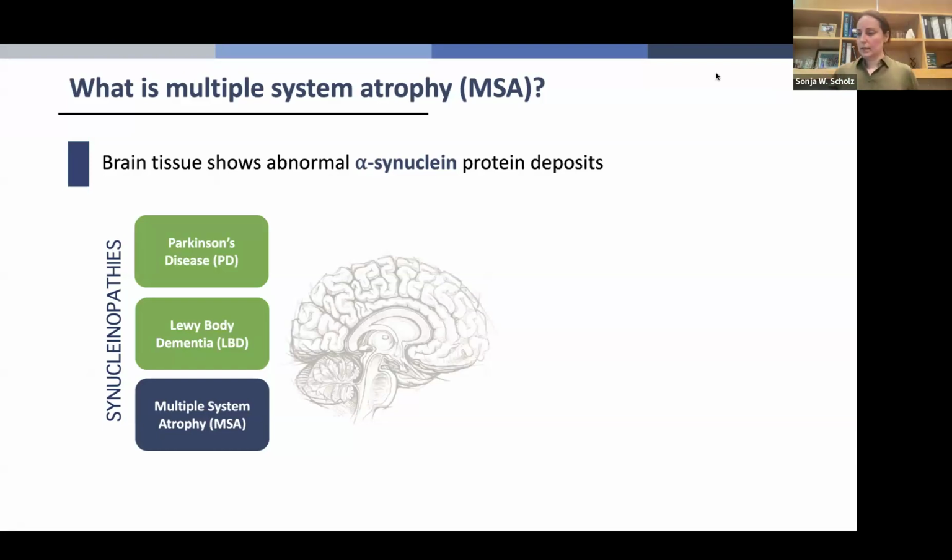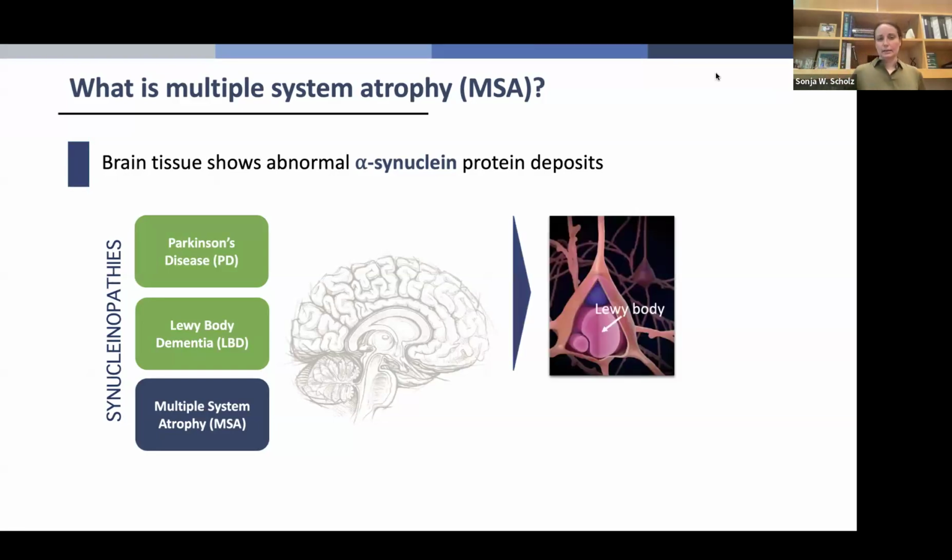It's also interesting that it's not the only disease where we see alpha-synuclein deposits building up. There are other diseases such as Parkinson's disease and Lewy body dementia where synuclein is building up, and we summarize these diseases under the umbrella term of synucleinopathies. The difference is that if we look under a microscope at the brain tissue, Parkinson's disease and Lewy body dementia have buildup in neurons, in the actual nerve cells, that we call the Lewy bodies.